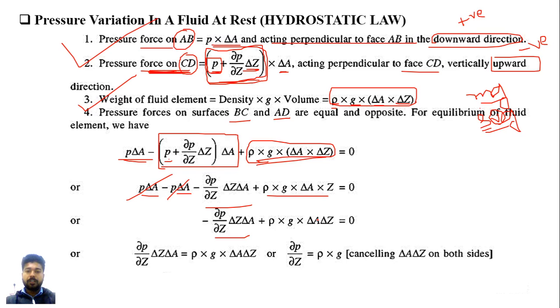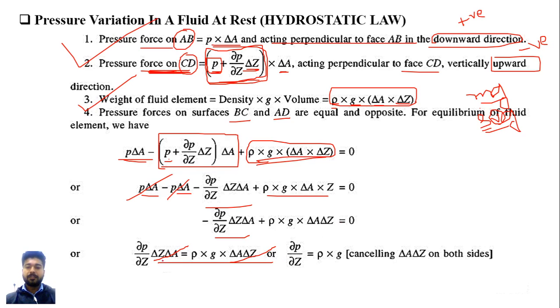Again, the negative term goes to the right side and becomes a positive term. In this equation we can cancel out delta Z delta A on both sides.